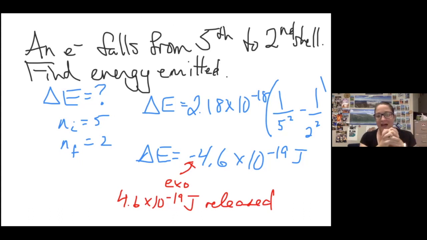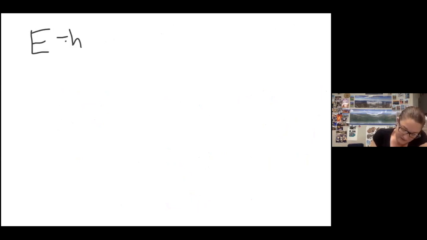One of the other things you'll be asked is what wavelength of light corresponds with that. So when an electron falls and energy is released, that energy is released as a photon of light or a particle of light. Some equations that you use when you're applying to light are this and this.